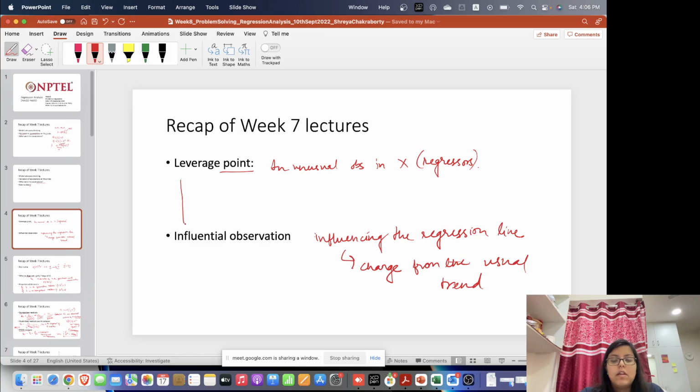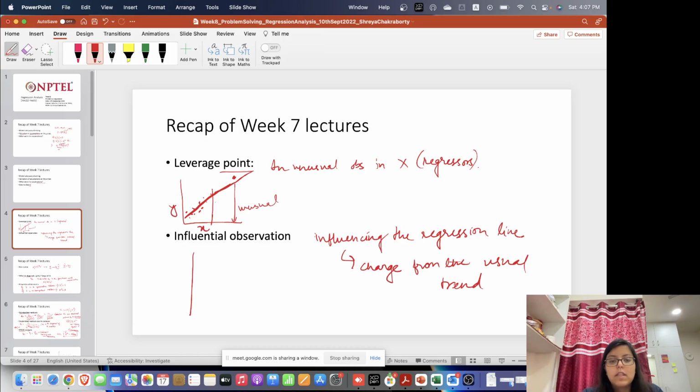For example, if this is a line and this is X, this is Y, then the usual range of X is here. This point is something unusual, but it is falling along the same regression line. So such a point is a leverage point.